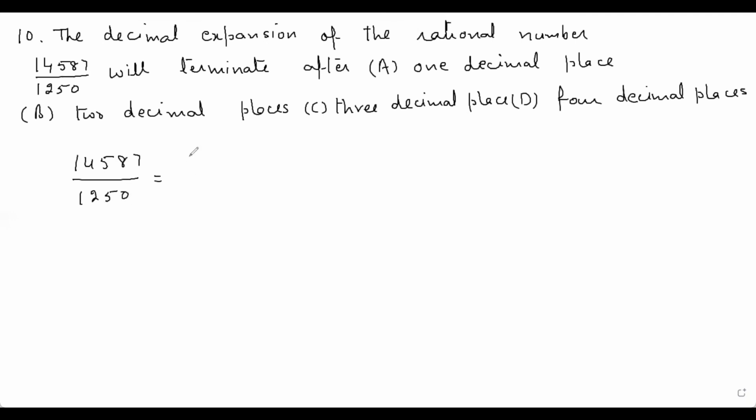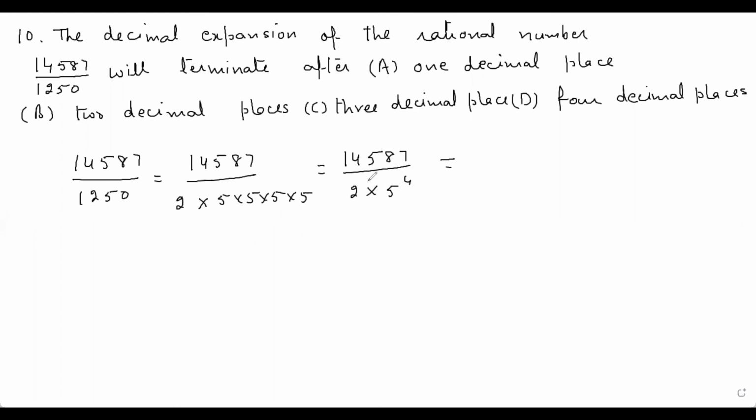Factorize the denominator. I'll have 14587 upon 2 into 5 into 5 into 5 into 5. So in the numerator I have 14,587, and the denominator is 2 into 5 raised to power 4.